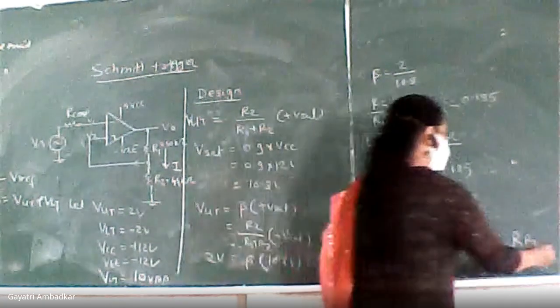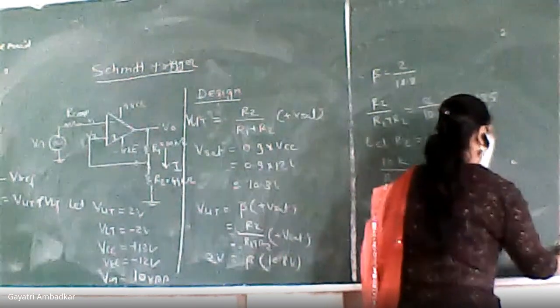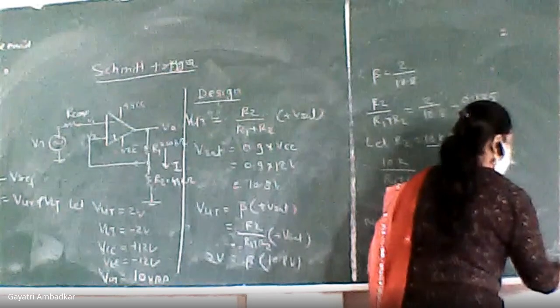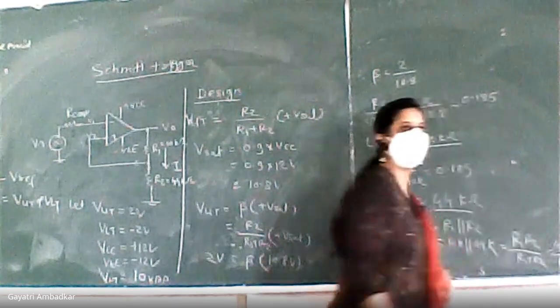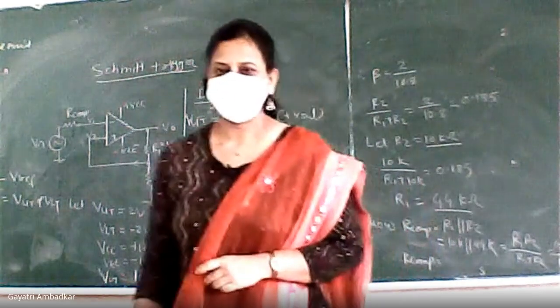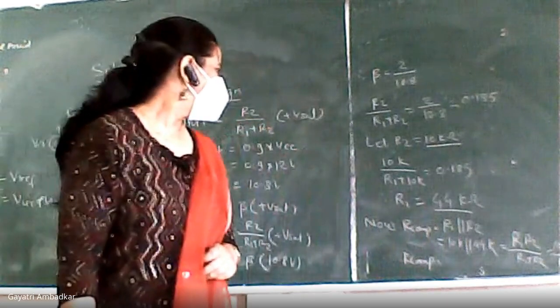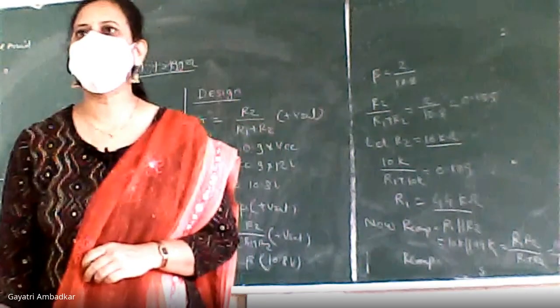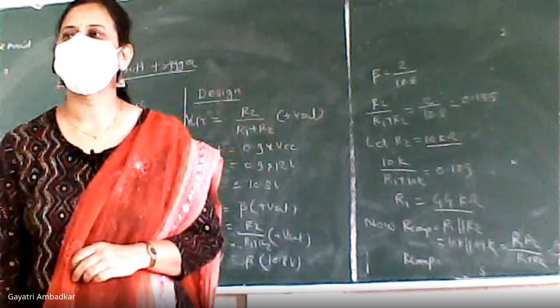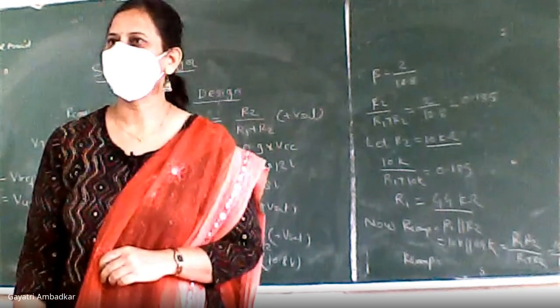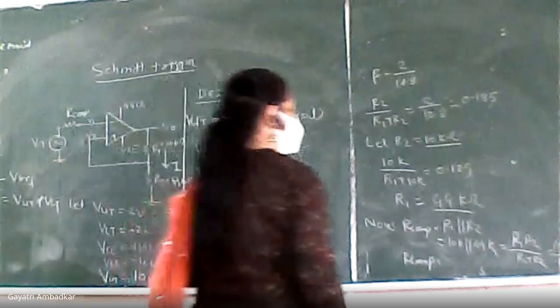That is equal to 10 into 44 upon 10 plus 44. So how much are you getting? 8.14.